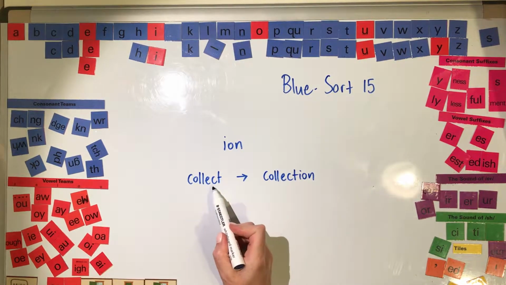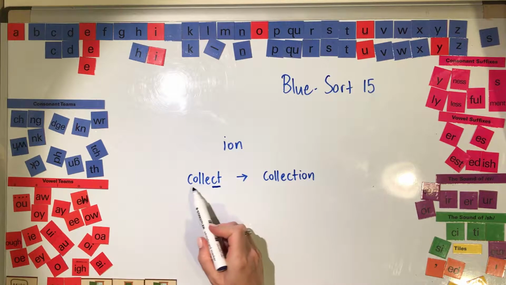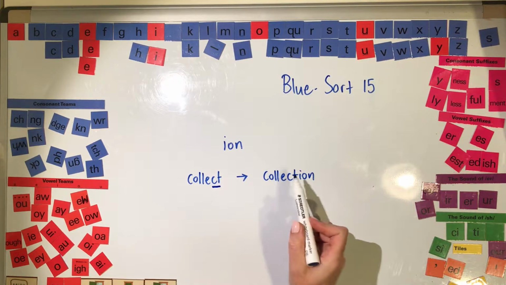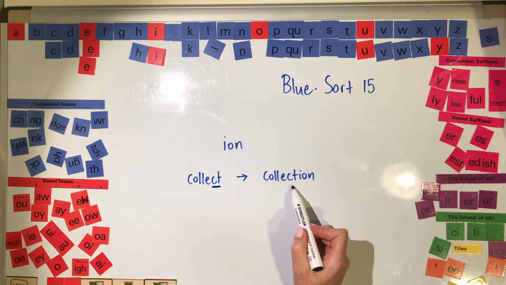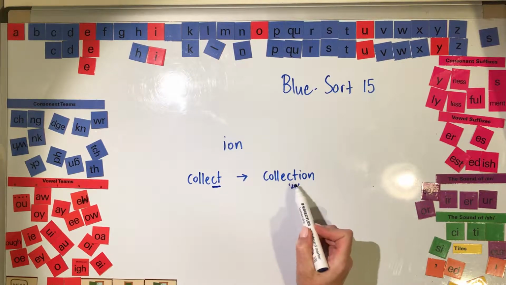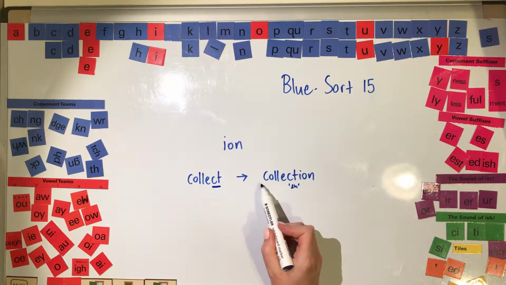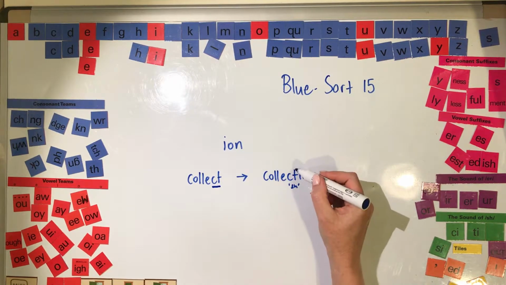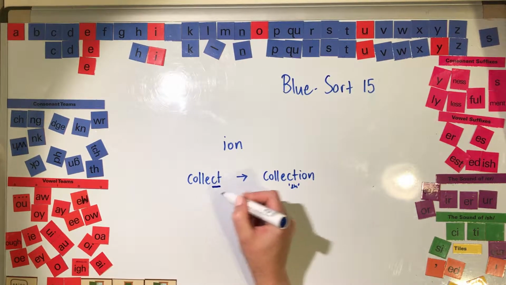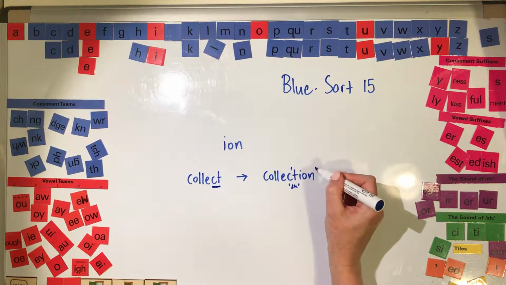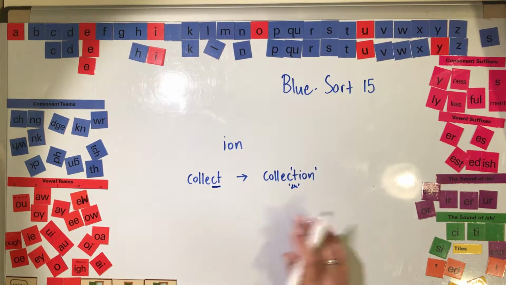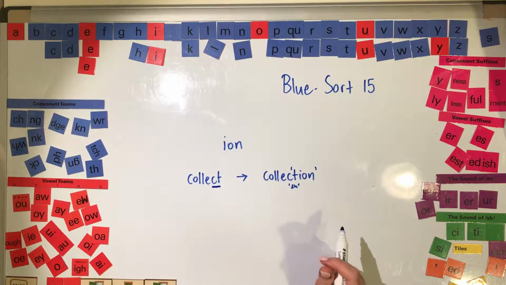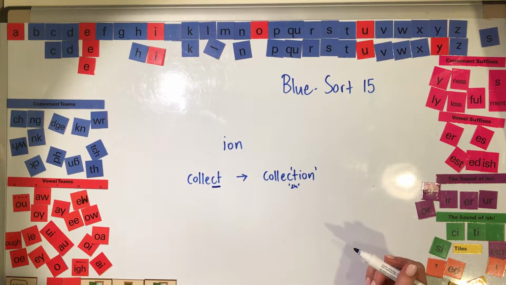So hopefully you observed the kt in collect turned into a sh sound here. The T-I-O-N is known for its shun sound, so collection. So suddenly it's not C-T saying kt, now you've got this shun sound. So hopefully you observed that in your words.